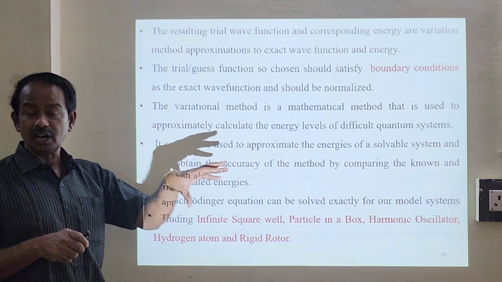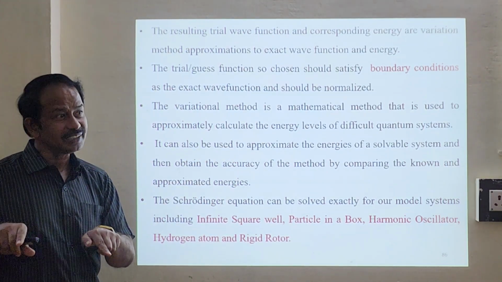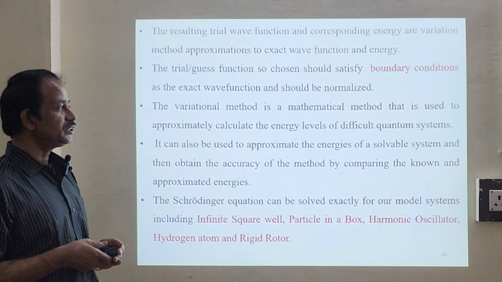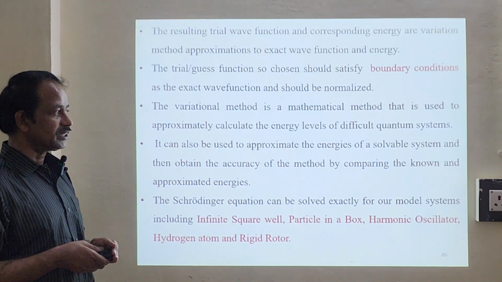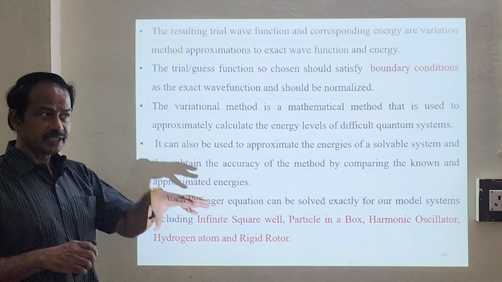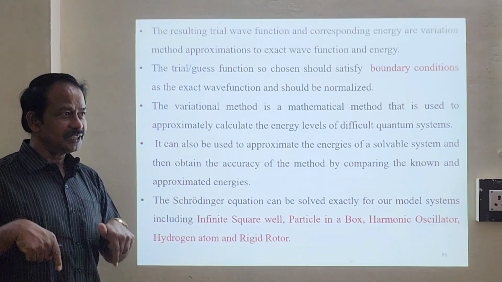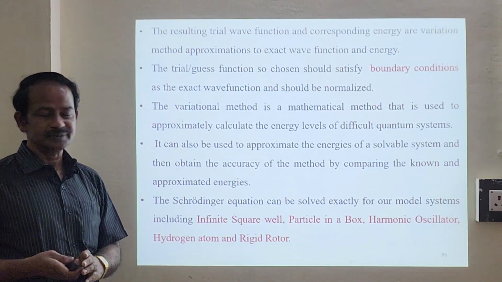It can also be used to approximate the energies of a solvable system and then obtain the accuracy of the method by comparing the known and approximated energies. Known energy is experimental energy. Approximated energies are those that we have already calculated from our guessed wave functions.